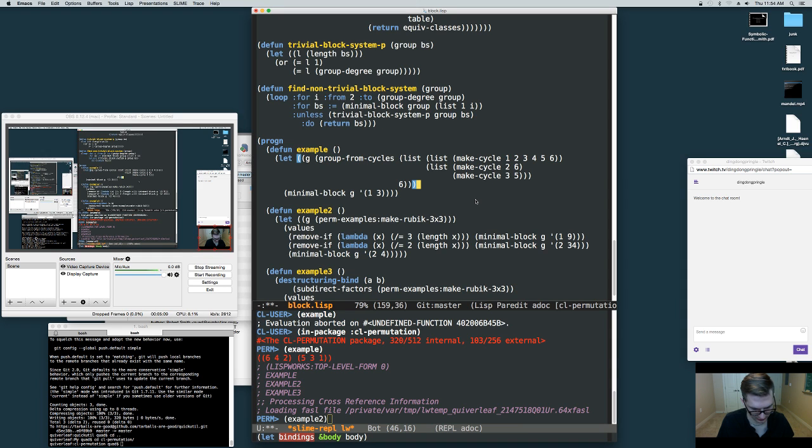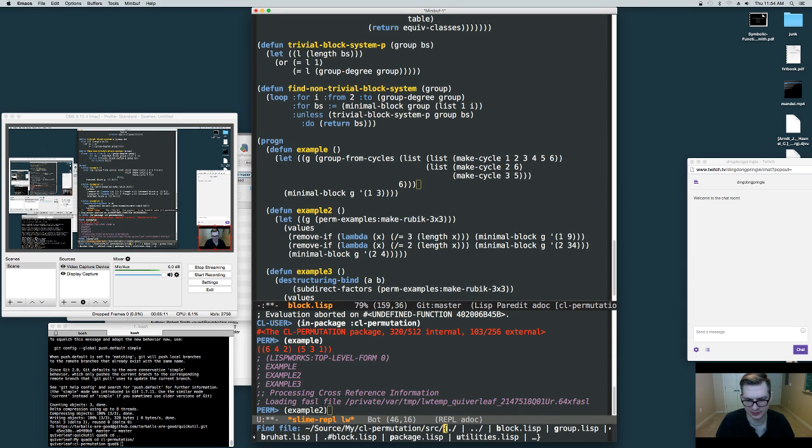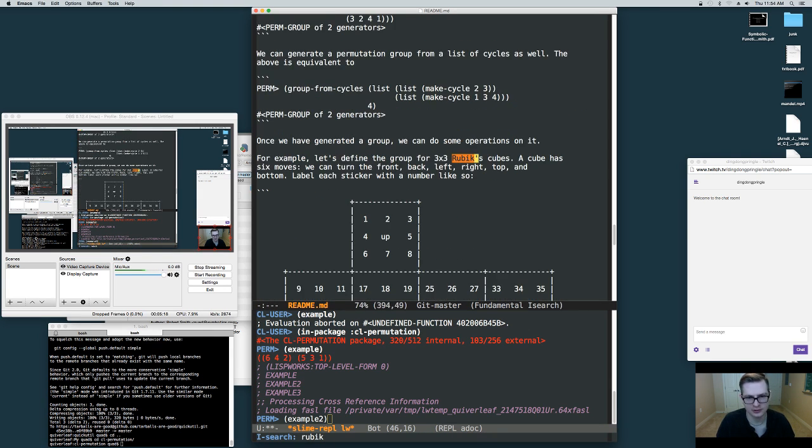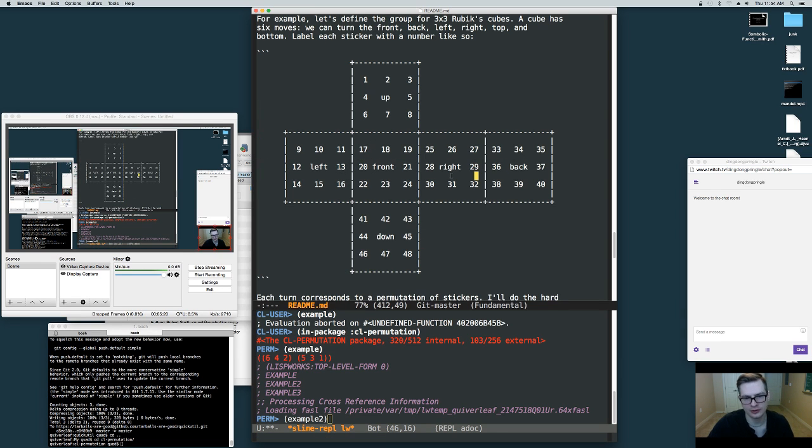If we open up the README with our diagram of the cube and look at 1, 9, we see 1 is right here and 9 is right here, so that's part of a corner. Ideally the output of this algorithm would give 1, 9, and 35, because these are part of the same block, but it should also give us the other blocks like 6, 11, 17, 19, 25, 8, and so on.